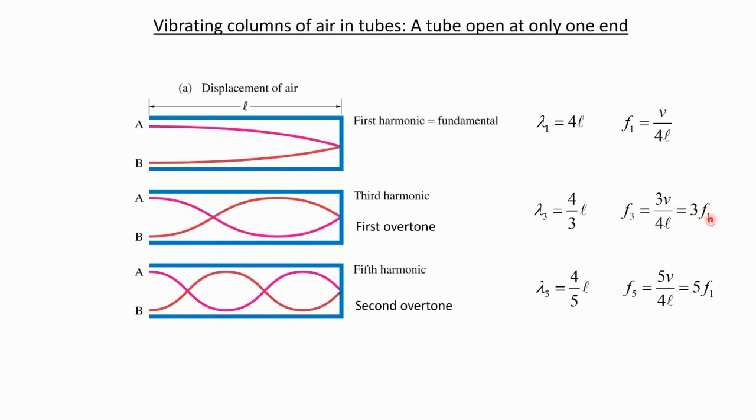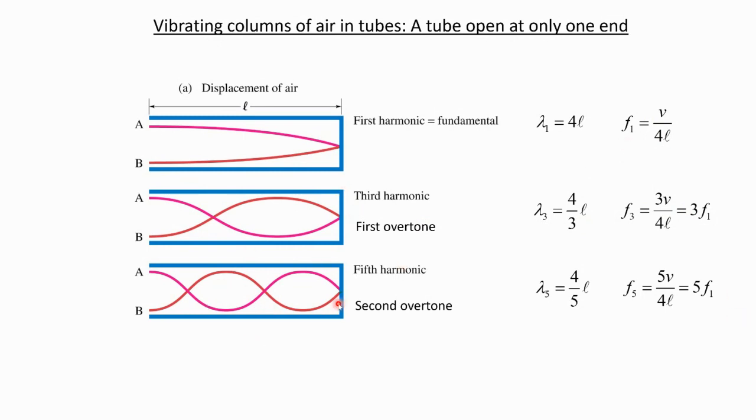It's not 2 times like it was for the tube open at both ends. It's 3. That's why this is called the third harmonic, because it's 3 times the fundamental frequency. 2 times the fundamental frequency is not a possible mode of oscillation if the tube is closed at one end.